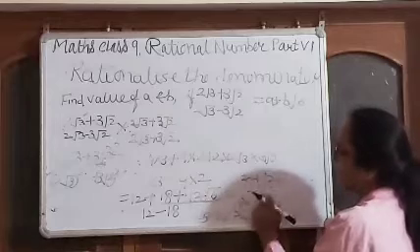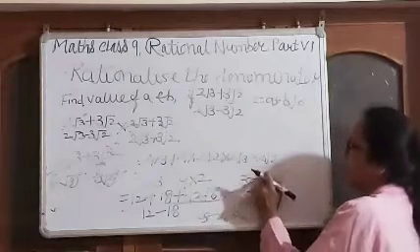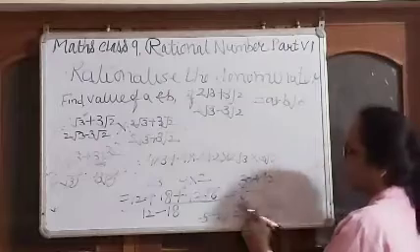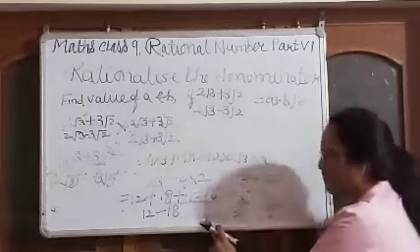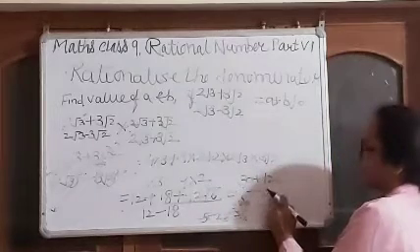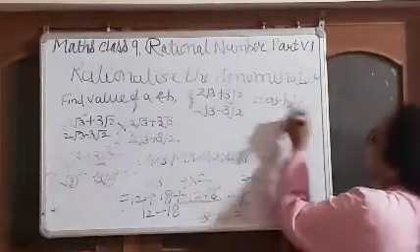First term is 30 upon minus 6, other term is minus 12 root 6 upon 6. When you divide, 6 5s are 30, so it is minus 5. And 6 2s are 12, minus 2 root 6. So it is in the form.